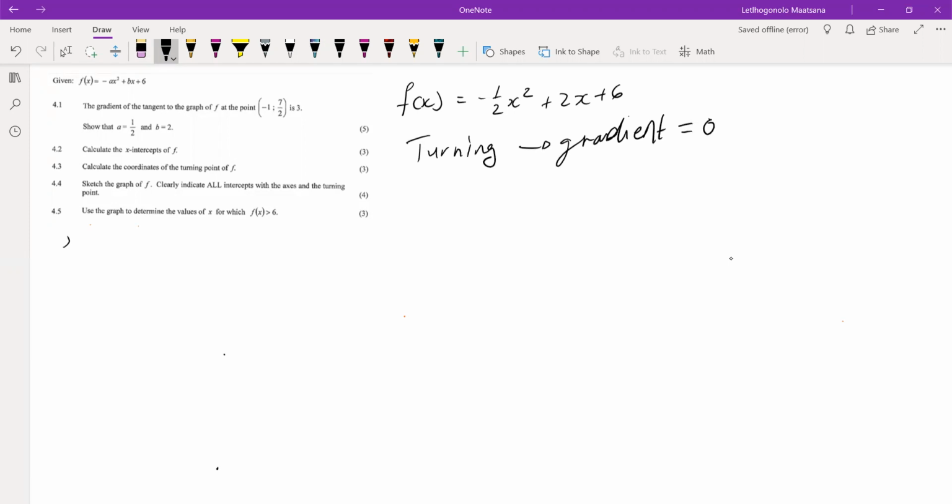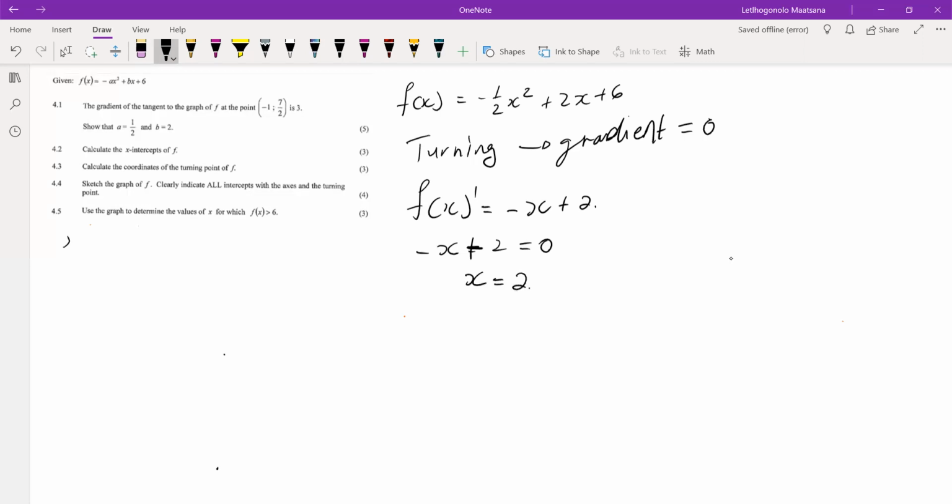The equation that gives us the gradient would then be the derivative of f of x, and then we're going to go ahead and equate this derivative to 0, and we get that x is equal to 2.